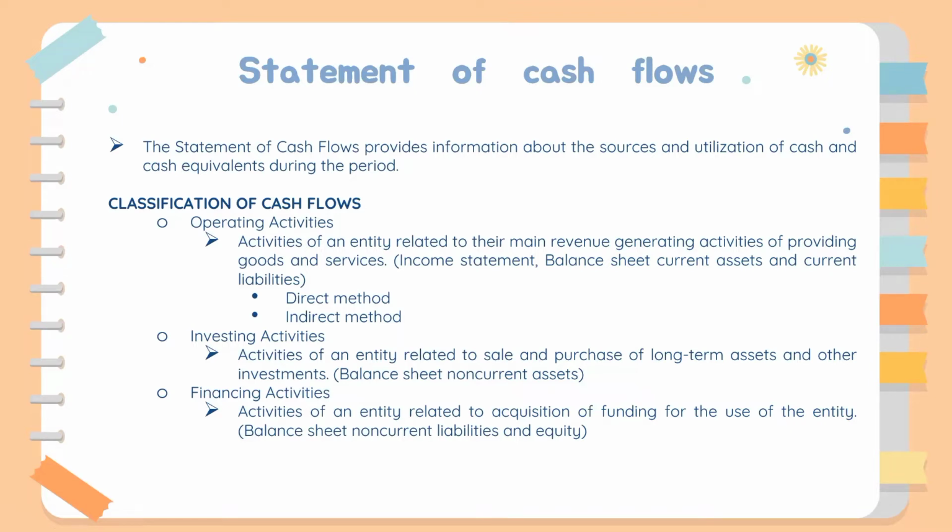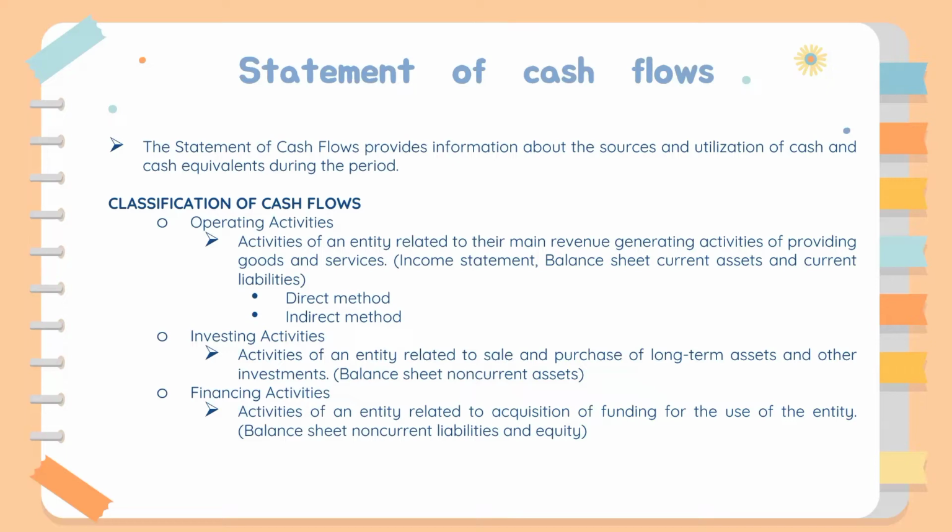Yung direct method, it shows each major class of gross cash receipts and gross cash payments, while sa indirect method naman, it adjusts actual basis profit or loss for the effects of changes in operating assets and liabilities and effects of non-cash items.